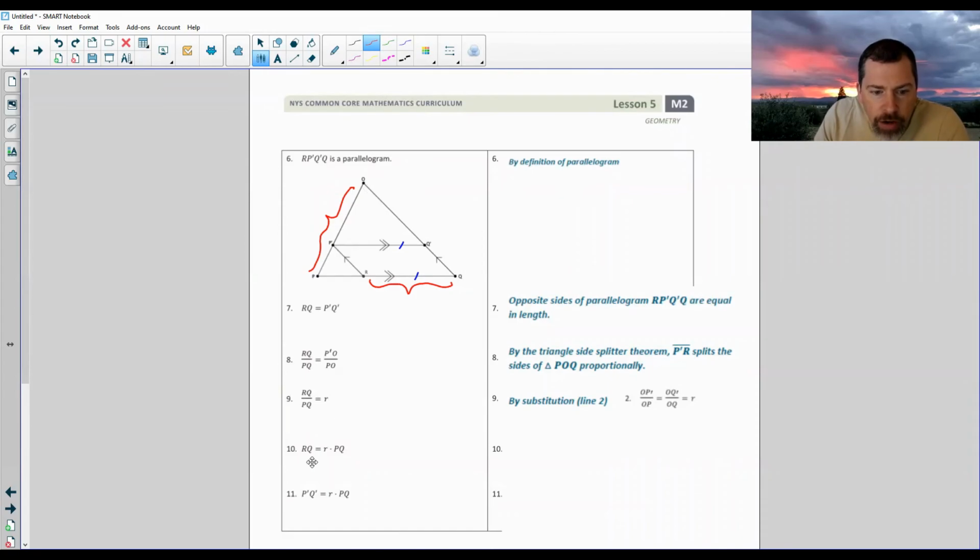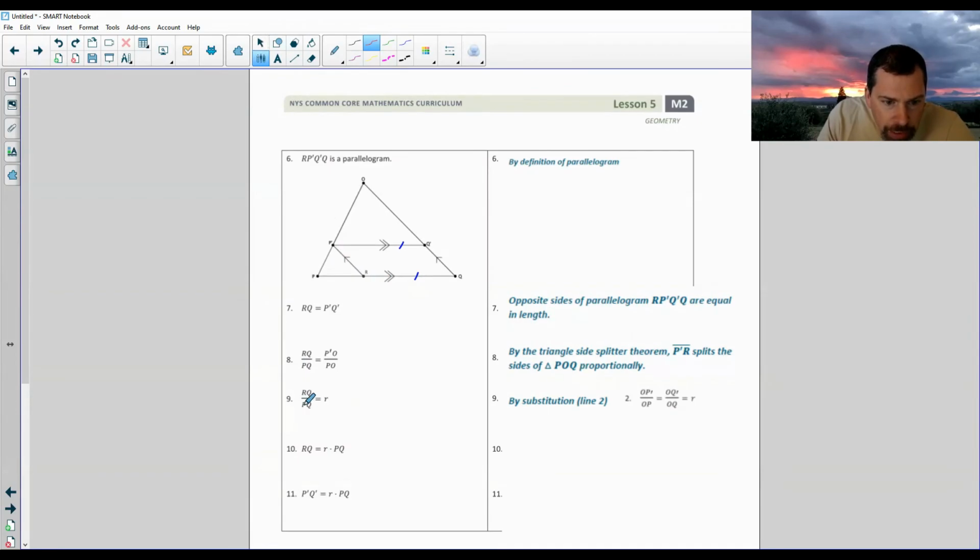And now we have RQ. So let me get rid of these marks. So now we have RQ. RQ is right here, equals the scale factor times PQ. Okay, RQ equals, so all we're doing here is multiplying this line up here by PQ on both sides, just a little bit of algebra.